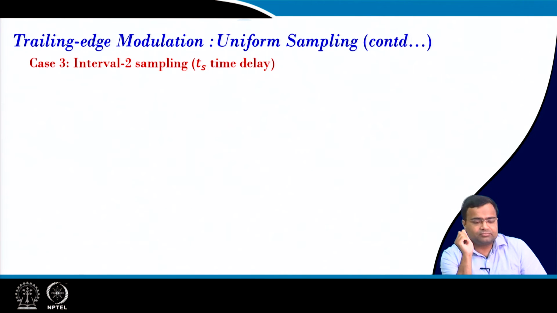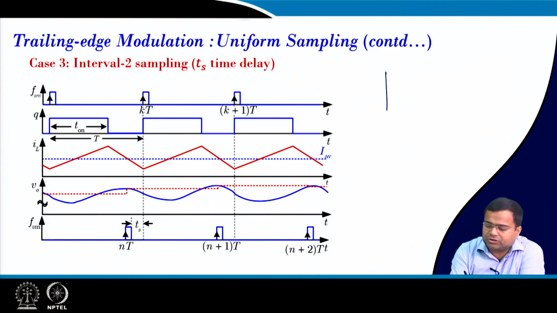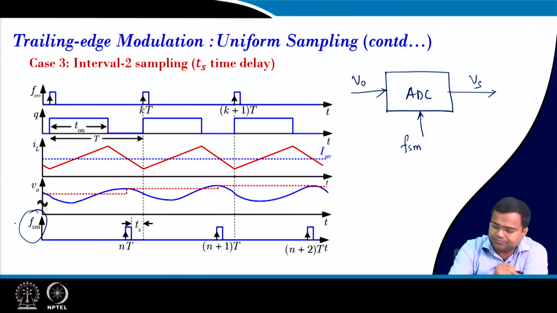Next, as I said, the delay. If you consider a simple ADC, an A to D converter, which has my V0 and this is my V sample and this is my sampling clock. You can see here as if we are providing the sampling clock here.